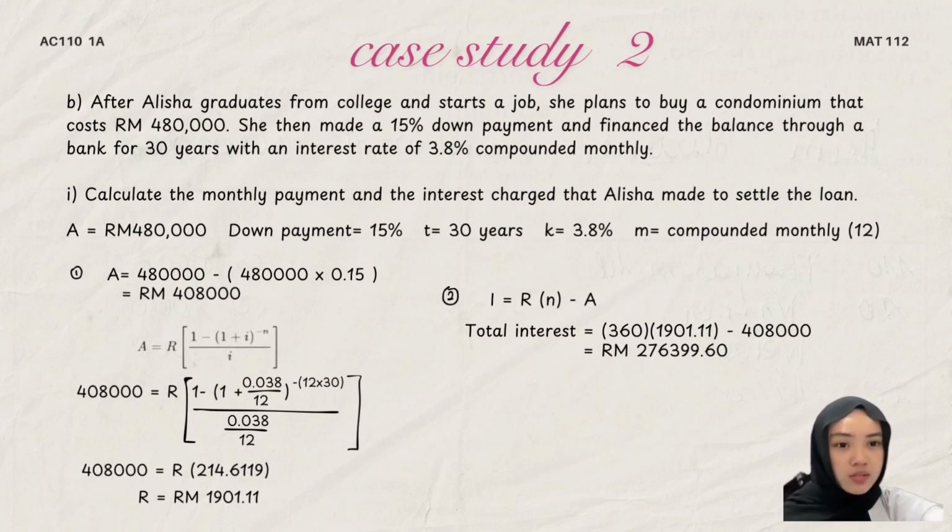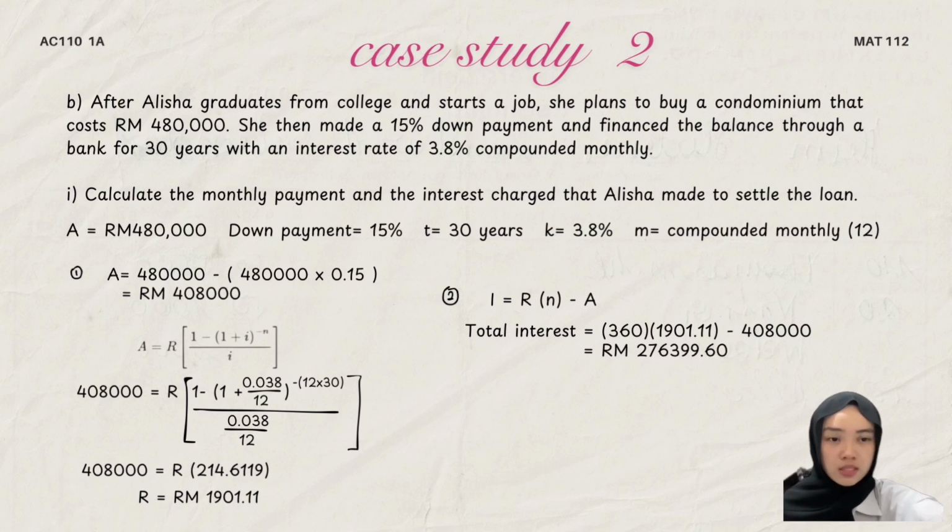After Alicia graduates from college and starts a job, she plans to buy a condominium that costs 418,000 ringgit. She then made a 15% down payment and financed the balance through a bank for 30 years with an interest rate of 3.8% compounded monthly.